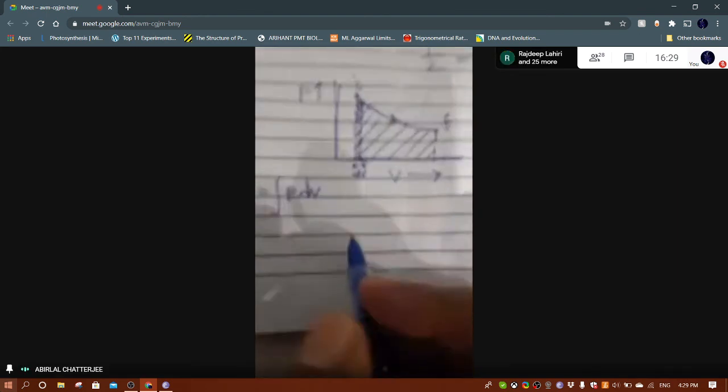This is most important. So, mathematically, this is the mathematical expression: dq equals du plus dw. This is the first law. dw is the external work.